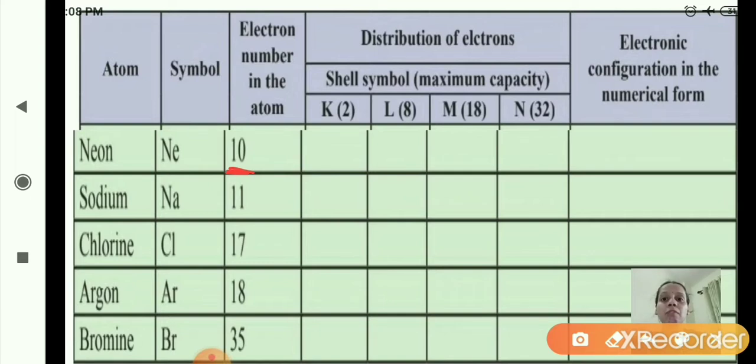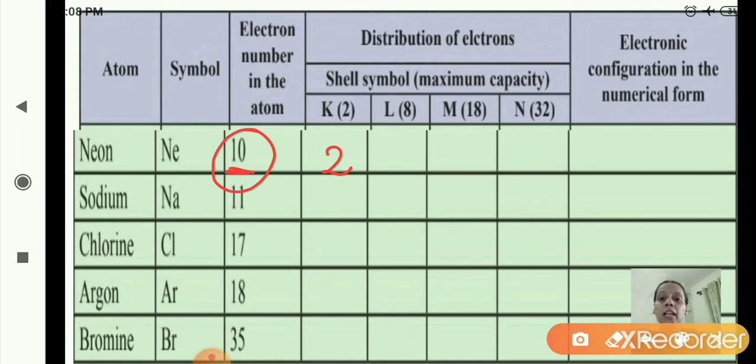First we will start with the K shell, that is the first shell which is nearest to the nucleus. What is the maximum capacity of K shell? That is 2 electrons. So out of these 10 electrons we will accommodate 2 electrons in K shell. Now how many are remaining?